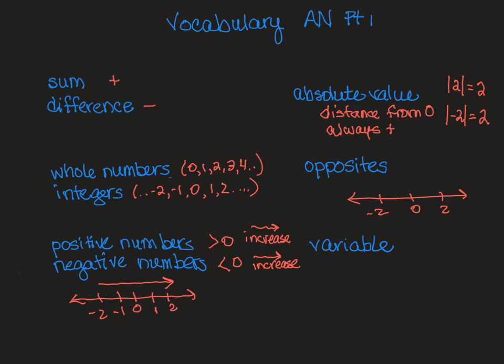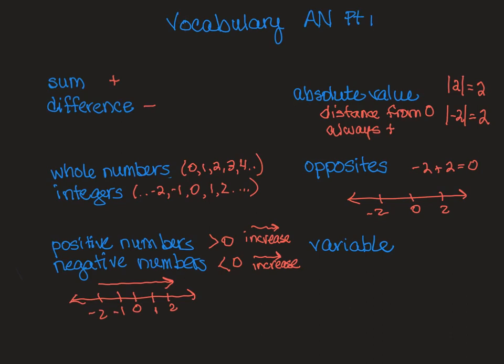And if I add them together, -2 plus 2 equals 0. So they have opposite signs, the same digit, and when I add them together, they're 0. Like I said, I'm going to do some more work with that in the next video.